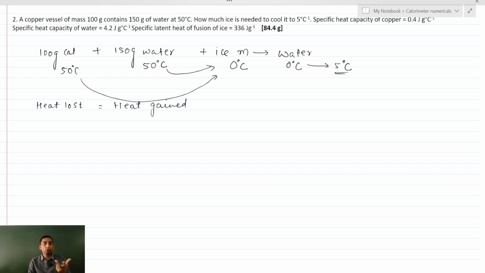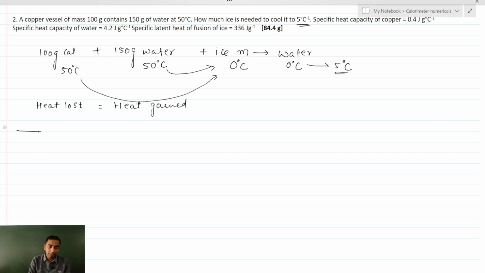So here two substances are losing heat energy, the calorimeter and the water, and the ice is converting into water, and then that water's temperature goes up from 0 degree to 5 degree because it's given in the question. So it is to be understood that the complete ice melts and then the temperature would go to 5 degrees.